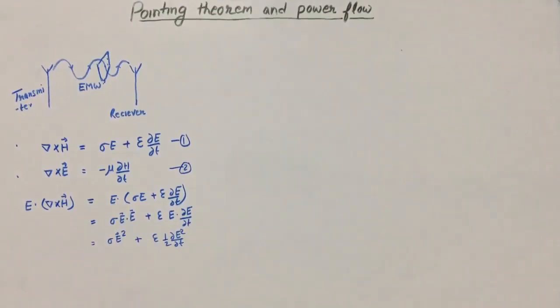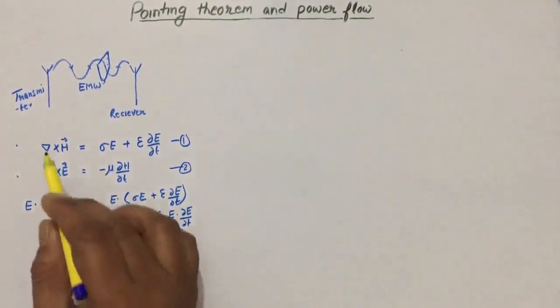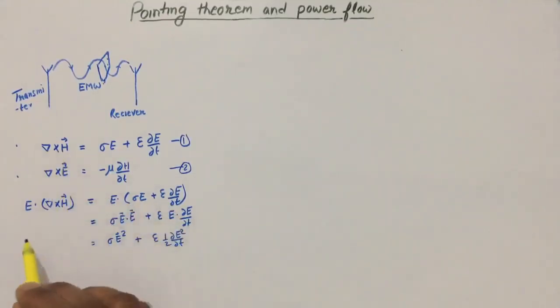So the first equation, when we do the dot product with E, we get this equation.